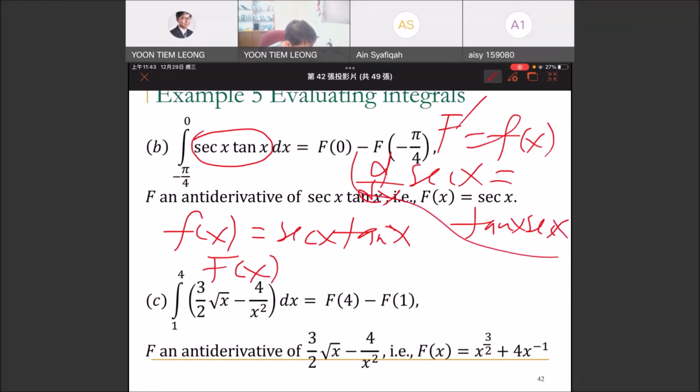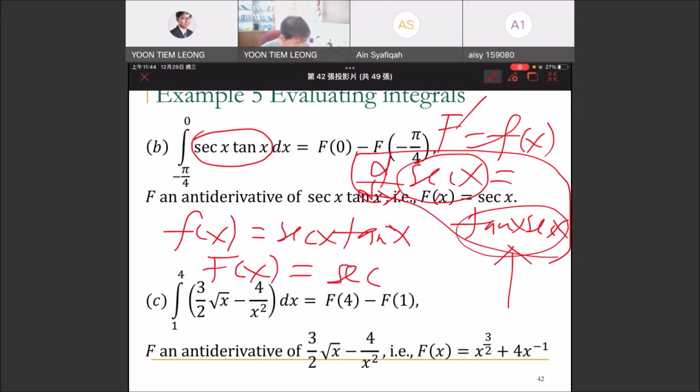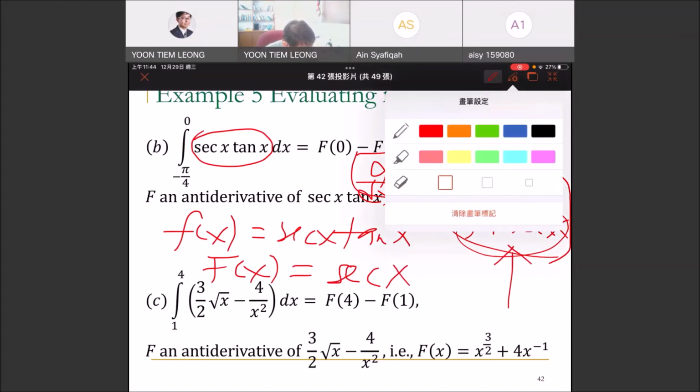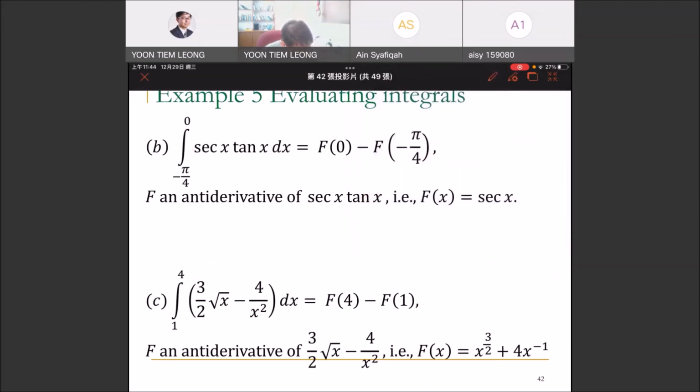So when you remember this formula, it means the antiderivative of tangent x secant x is nothing but just secant x. So we have got this, then simply substitute the values into this antiderivative.